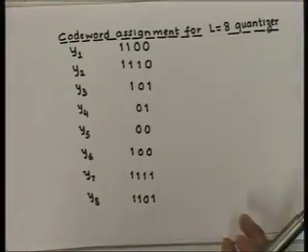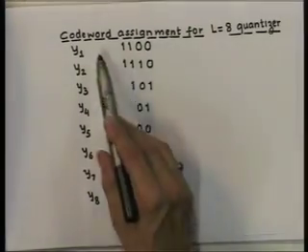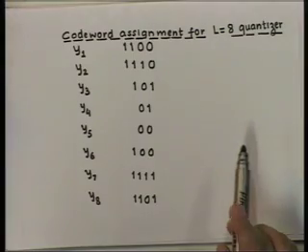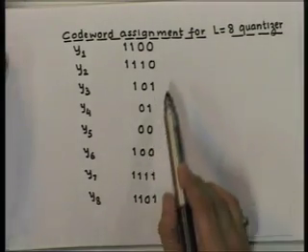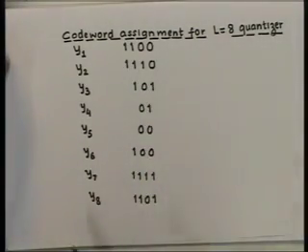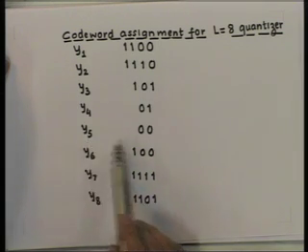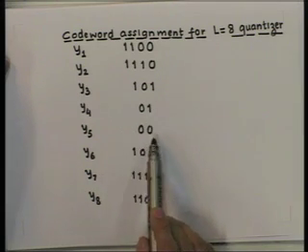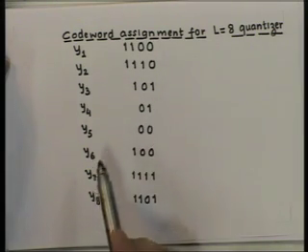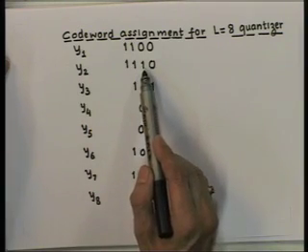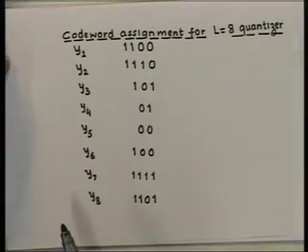For example, let us look at the code word assignment for an L equal to 8 quantizer. According to this code word assignment, if the output Y5 occurs, we use 2 bits to encode it, while if the output Y2 occurs, we need 4 bits to encode it.